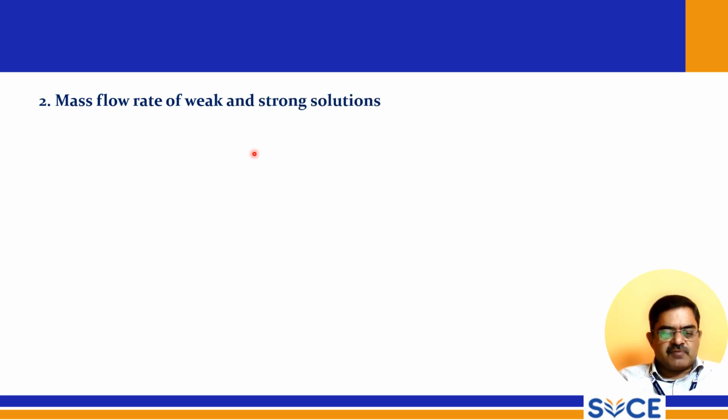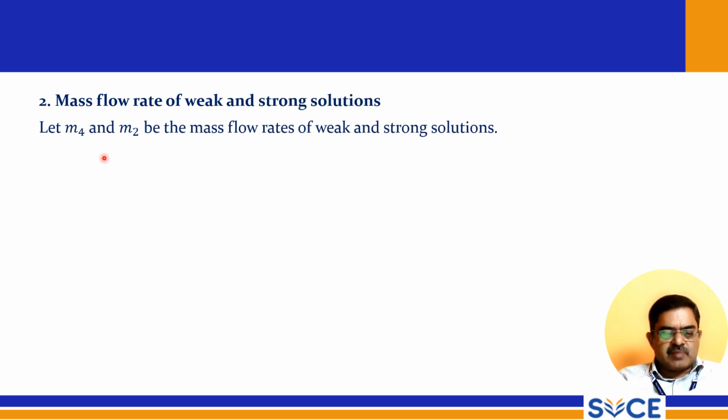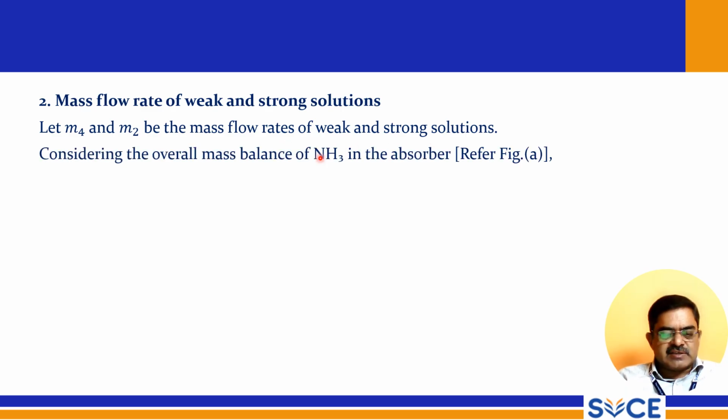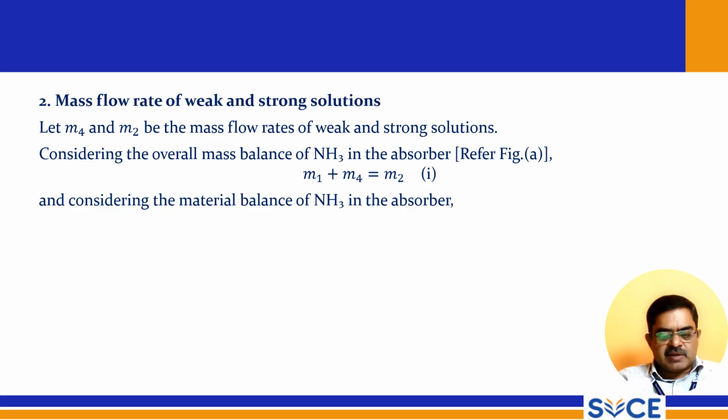So the mass flow rate of weak and strong solutions: let M4 and M2 be the mass flow rates of weak and strong solutions, and considering the overall mass balance of NH3 in the absorber. So that is the figure. In the earlier figure I have shown you, so that you can refer, M1 plus M4 equal to M2, and considering the material balance of NH3 in the absorber, M1 x1 plus M4 x4 equal to M2 x2, so that is equal to M1 plus M4 into x2.